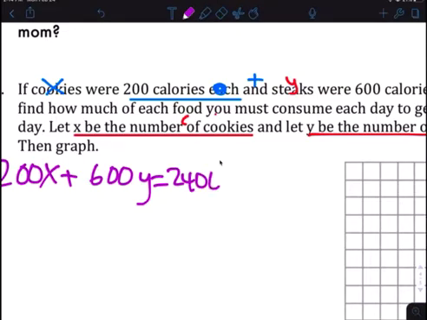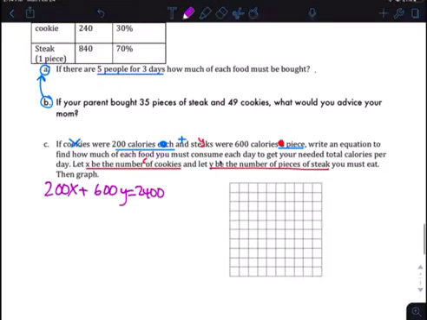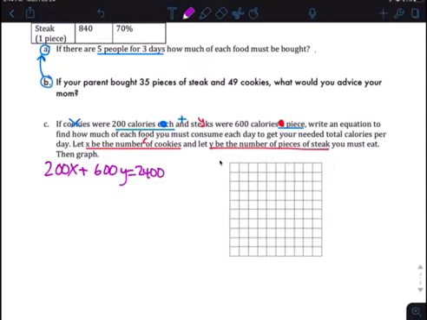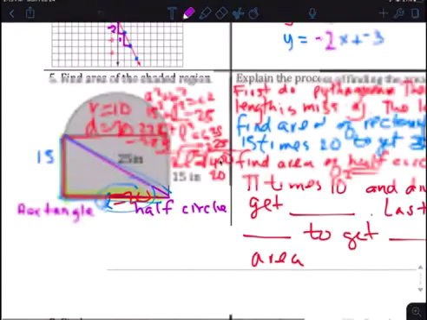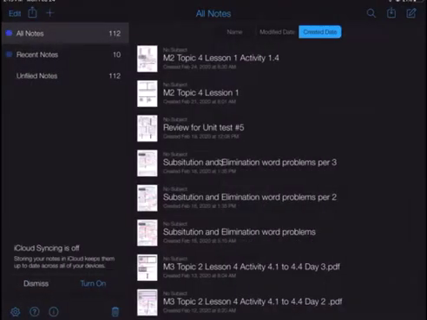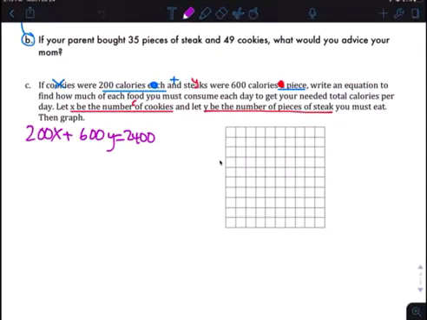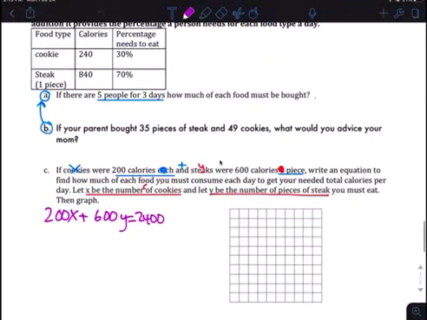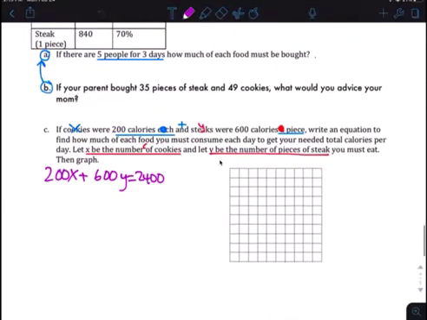Most students got this. So it's the same as the front. Make sure you use the x-intercept, and then the y-intercept. And then graph. Make sure you label it, and that's it. All right, most classes I did this.